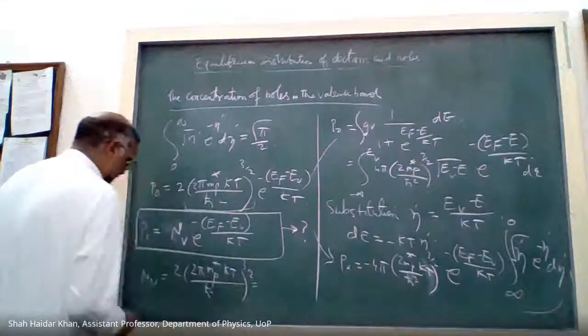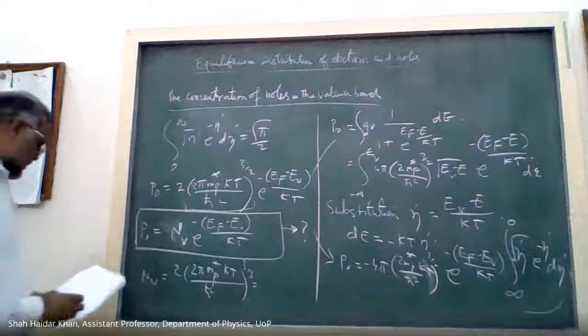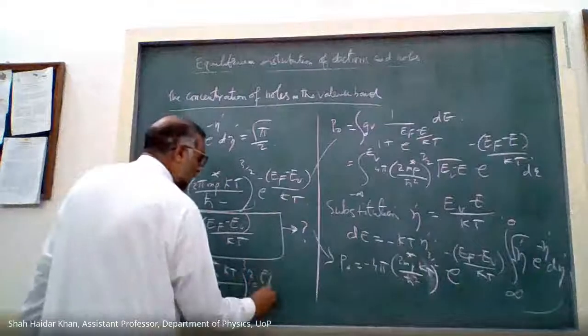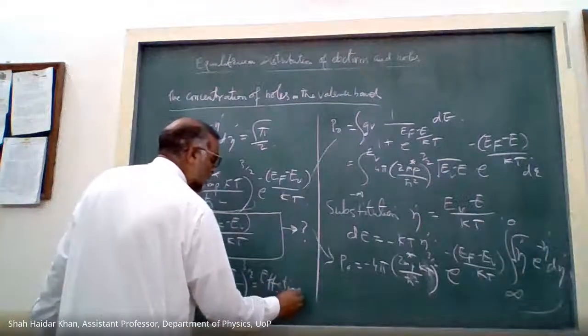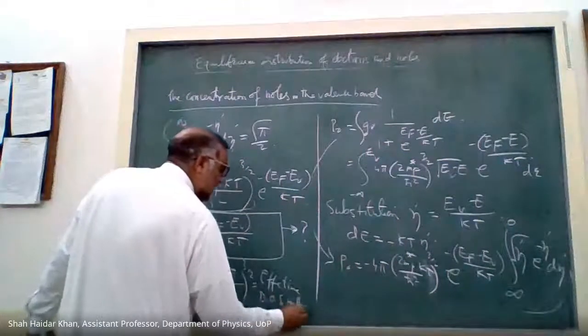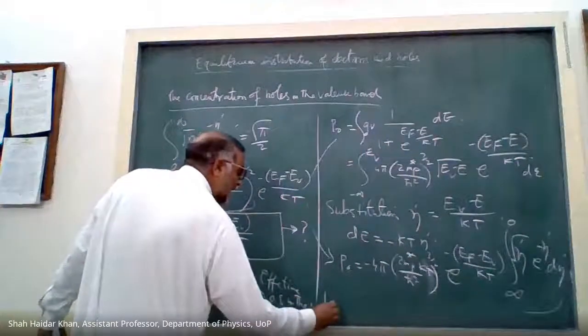That is equal to the effective density of states in the valence band.